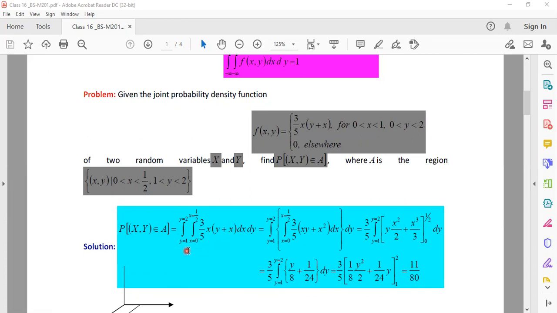But there is no hard and fast rule. You can go for the alternative option also. So I am doing the integration with respect to x first, and then I am going to integrate with respect to y. That's why I have written it in this manner.